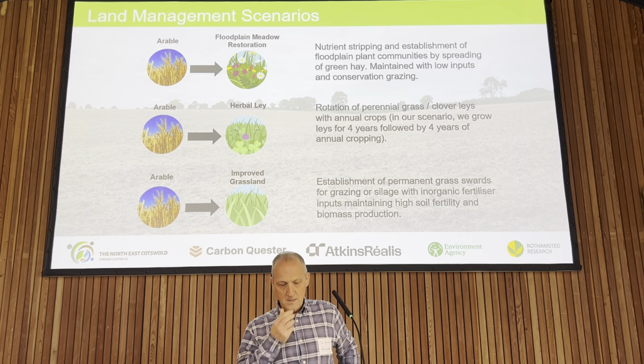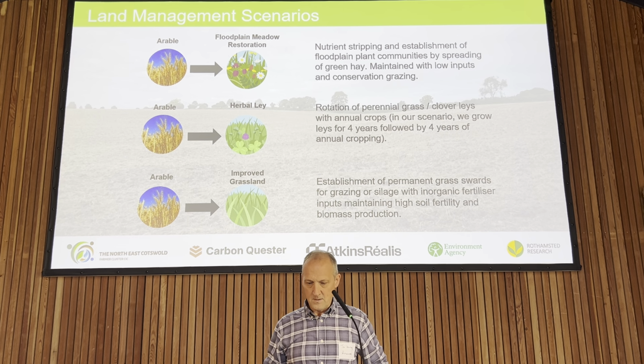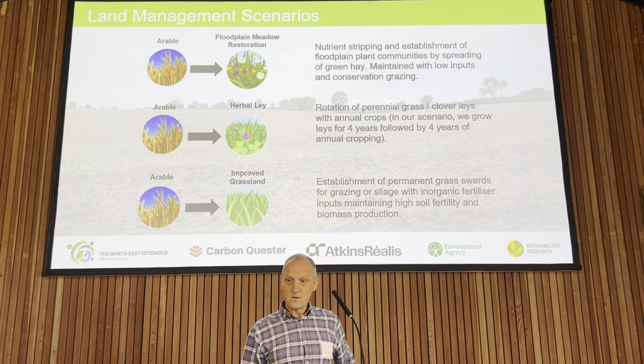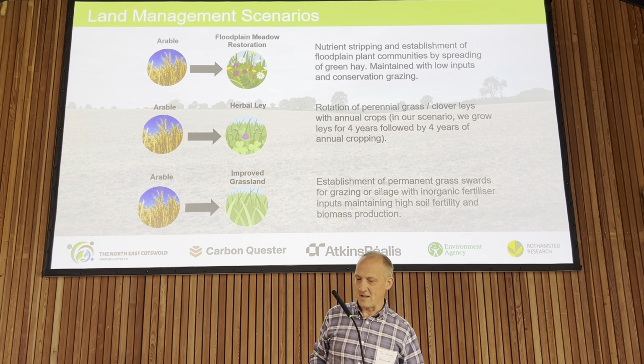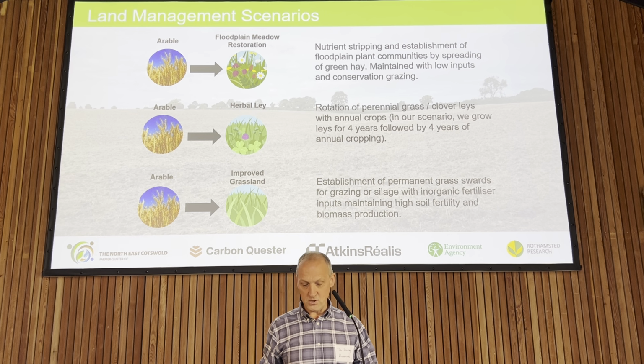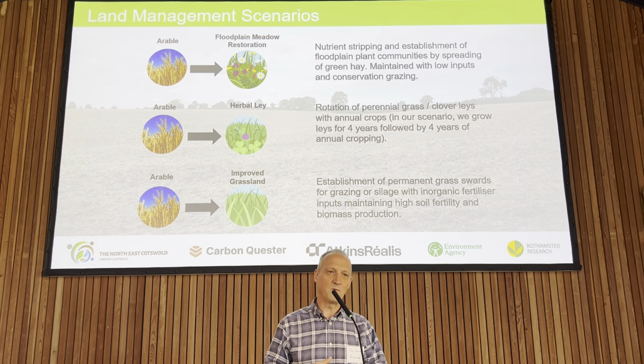Yes. The top one, the meadow restoration. What are the low inputs that you're putting in? Seed or actual inputs? I may have written that to differentiate between high inputs, improved grassland. I'm not an expert on floodplain restoration. There are experts in the room. But my understanding is you want to keep it in low fertility.